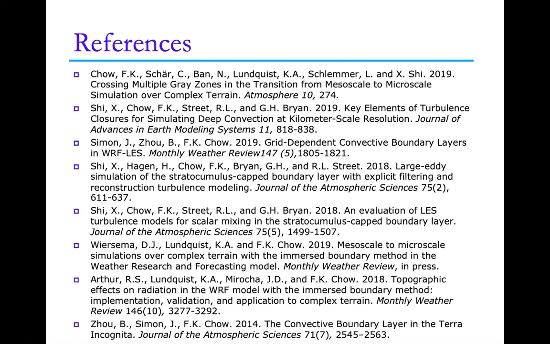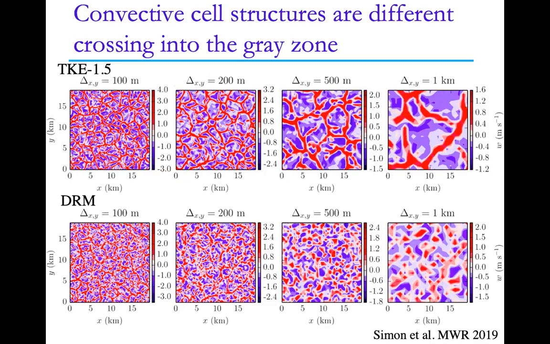Is that something that's just inevitable in the gray zone and there's no way around it? So I think you're talking about, let me see if I can find the slide. The convective cases. So the TKE 1.5 showed just the really large cells. With this one? Yeah, something like that, where the bottom right is what you get when you filter the high resolution simulation, but there's something about the spatial pattern in the top where clearly it's the wrong size, but is there something important in that shape?